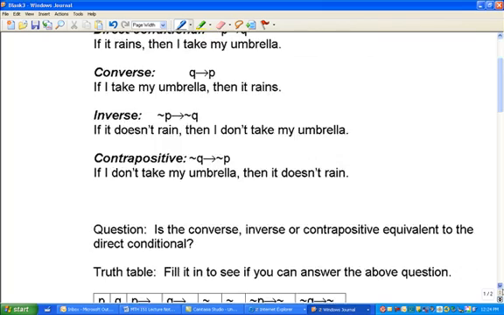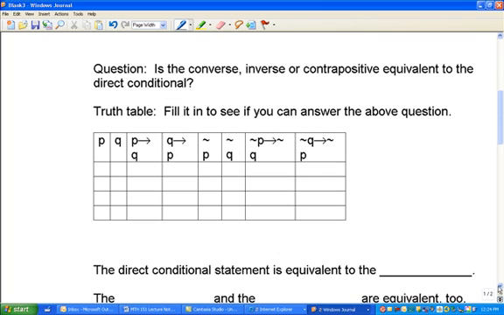Now, it turns out that one of the converse, the inverse, or the contrapositive is equivalent to the direct conditional. Take a moment and look back at the examples I have given you for if it rains, then I take my umbrella, and see which one you think is equivalent to the direct conditional.